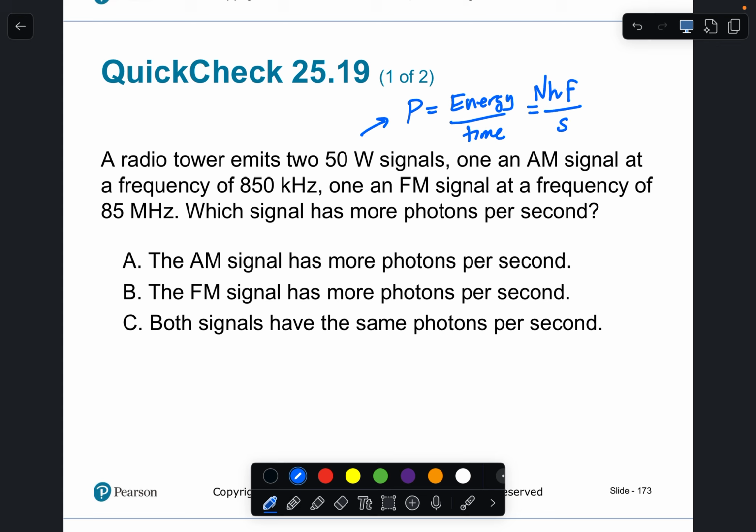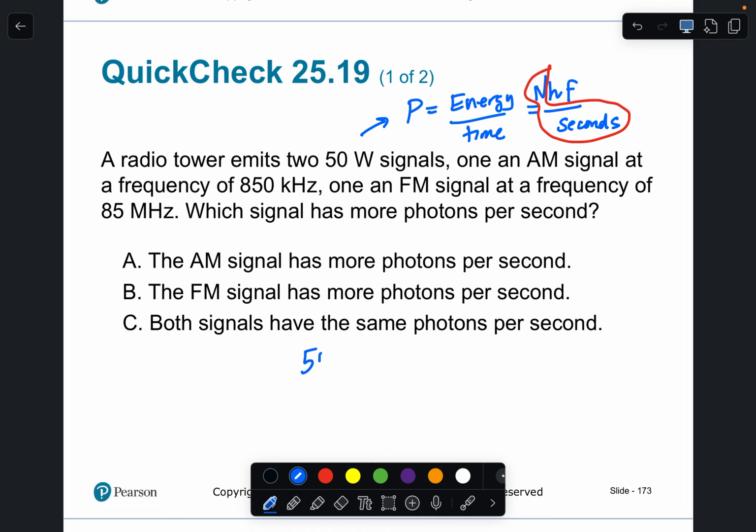Our time will be seconds, so we're looking for photons per second. We're basically isolating this part, N over s, the number of photons per second. Which frequency will give us the biggest N?